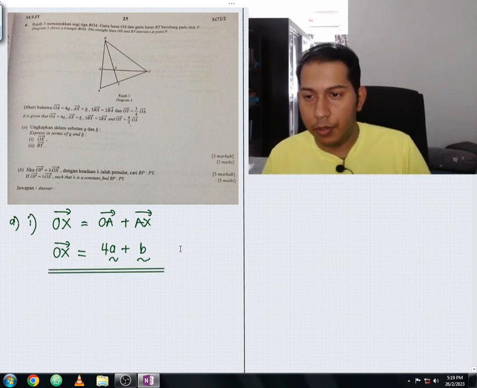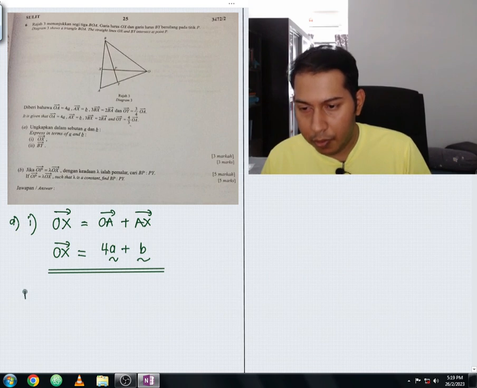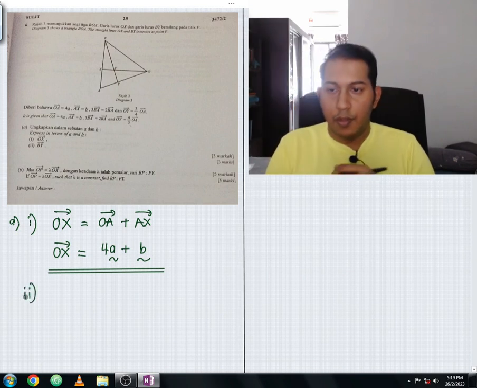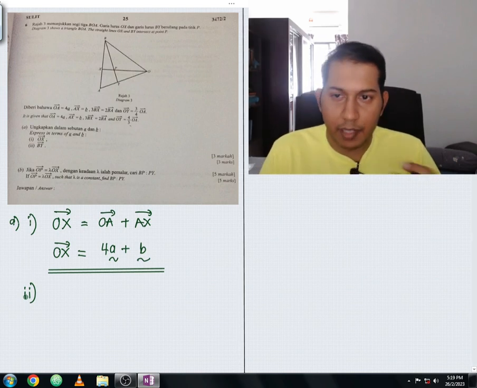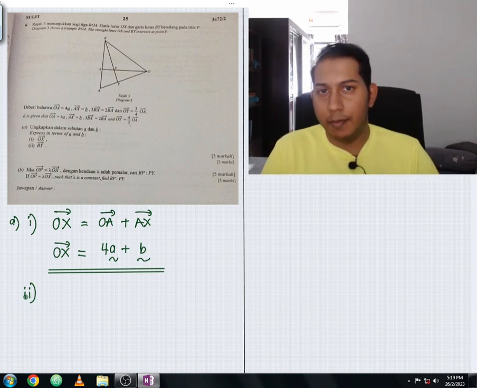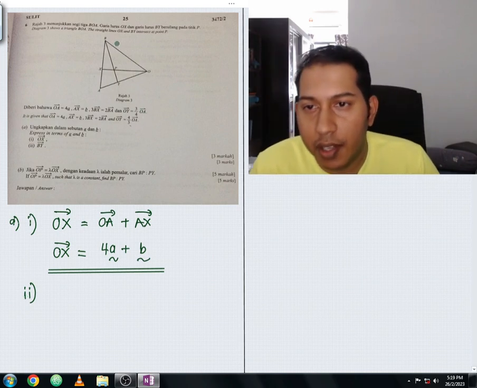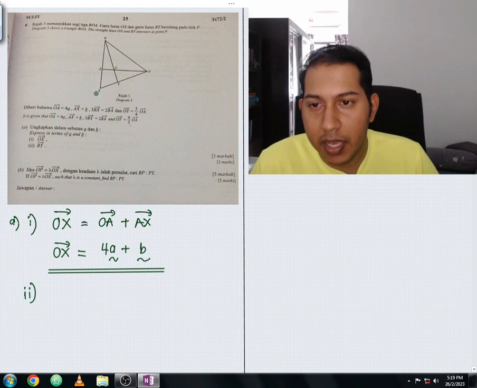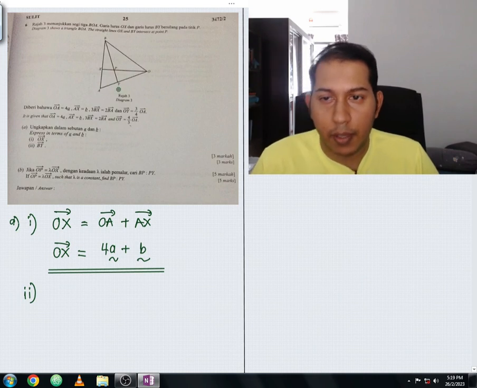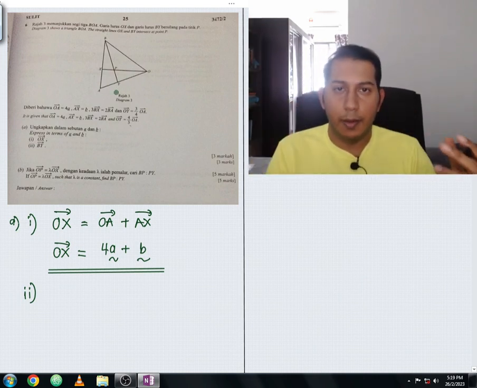Okay, continue to the A part 2 where we need to find for the vector BY. Okay, for vector BY, the option is quite big. Okay, you can either use a vector BO plus with OP or vector BA plus with AY. Okay, the options are quite big.